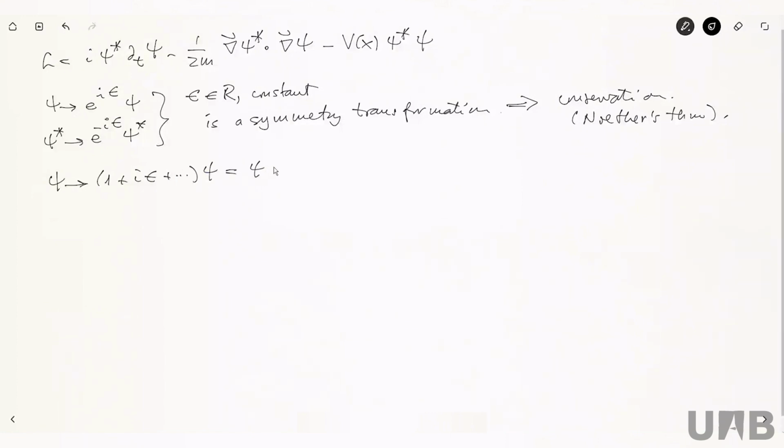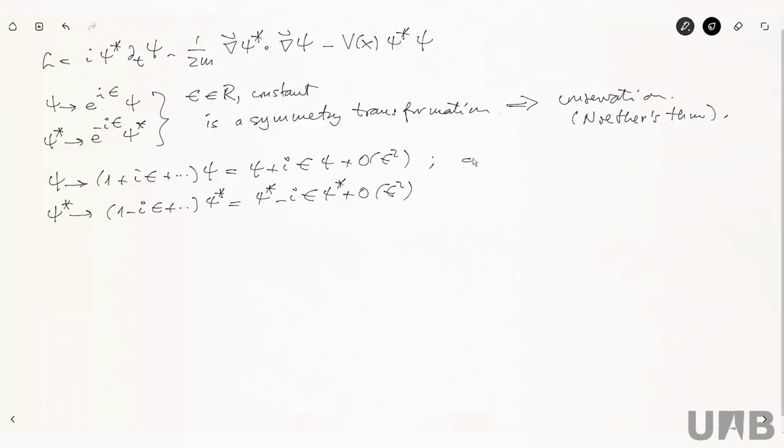So that means it's psi plus I epsilon psi plus order epsilon square. Remember that for Noether's theorem, we can drop order epsilon square terms. And psi star is going to be 1 minus I epsilon plus dot dot dot psi star. So this is psi star minus I epsilon psi star plus order epsilon square.